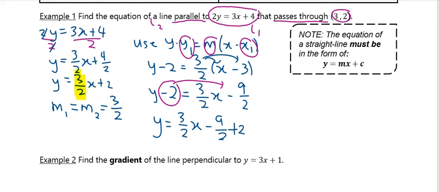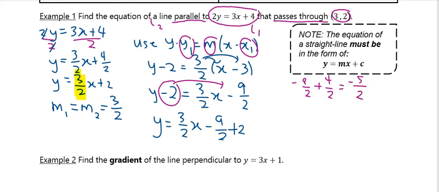Now over here you have to simplify -9/2 plus 2. So let's do a side working: -9/2 plus 2 is actually -9/2 plus 4/2. Now -9 plus 4 will be -5 out of 2.